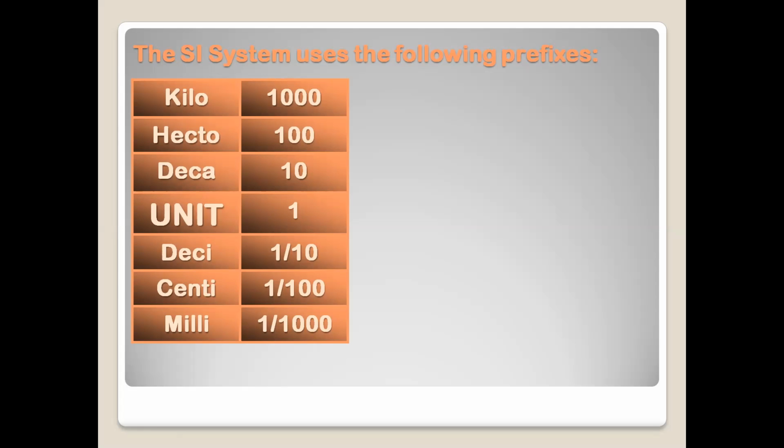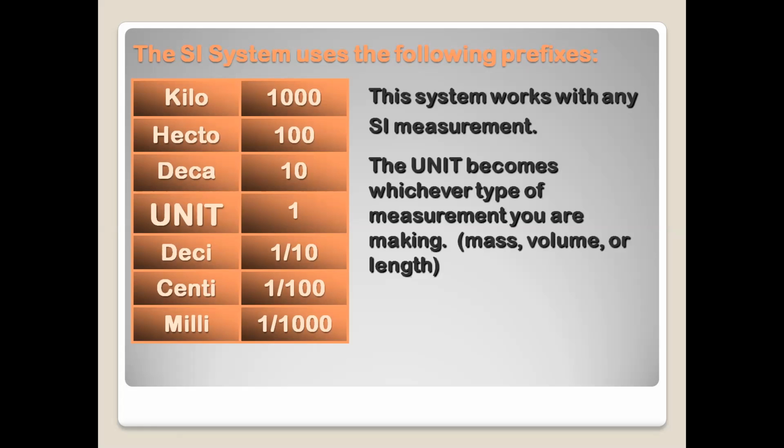Deca is 10, unit means 1, which means 1 meter is 1 meter, right? Deci is 1 by 10, centi is 1 by 100, milli is 1 by 1,000. So if you are converting centimeter, kilogram, liter or anything, maybe milliampere to ampere, you just have to divide by 1,000. So by knowing these prefixes, conversion will become easier, but it is not true for the English system.